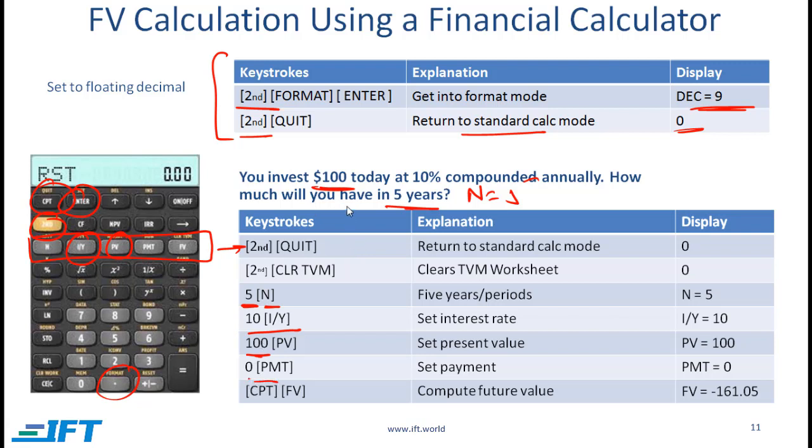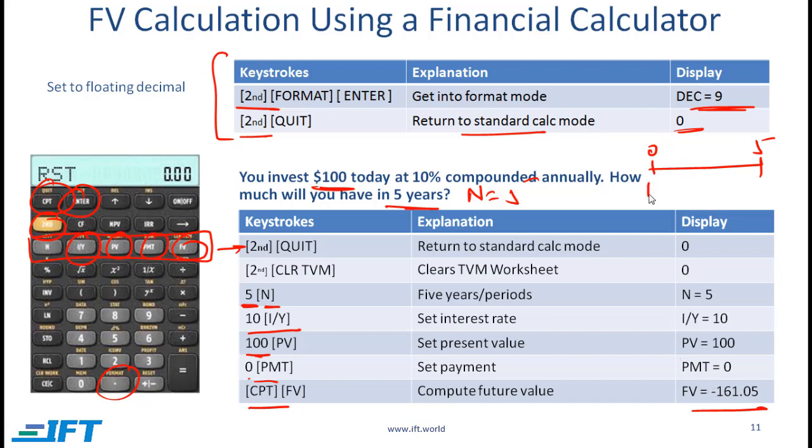0 payment, that means that over the 5-year period, time 0 to time 5, in between you are not making any payments. So this is 0. And then you compute the future value. That will give you this number. We have a minus because the calculator assumes that the future value will have the opposite sign relative to the present value.